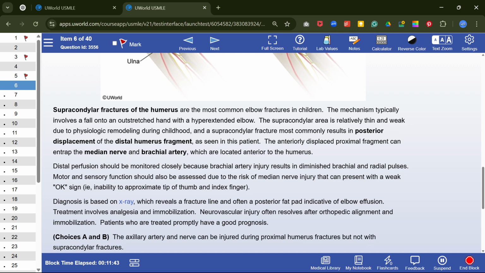Treatment involves analgesia and immobilization. Neurovascular injury often resolves after orthopedic alignment and immobilization. Patients who are treated promptly have a good prognosis.